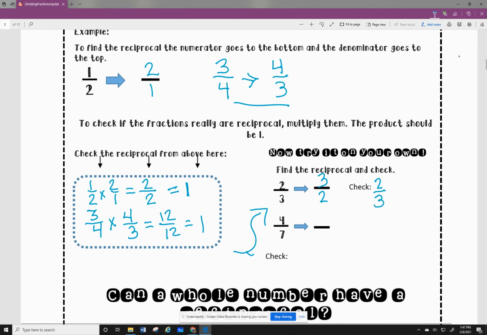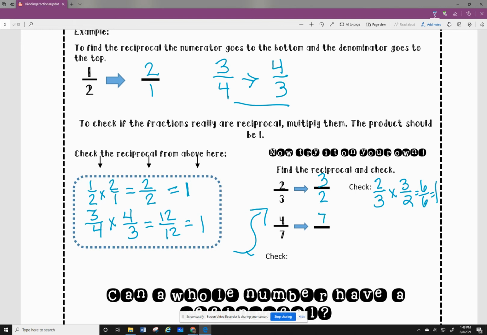2/3 times 3/2 is 2 times 3 is 6, 3 times 2 is 6, and 6/6 equals 1. Let's look at the next one. 4/7.